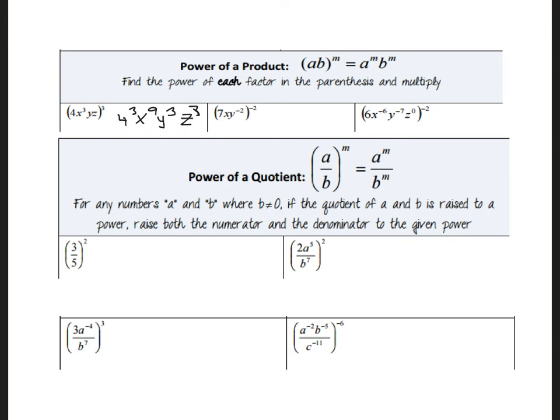And of course, you can simplify the 4 to power 3, and that's 4 times 4, 16, times 4, 64. And everything else is going to remain with the exponents we see over here.